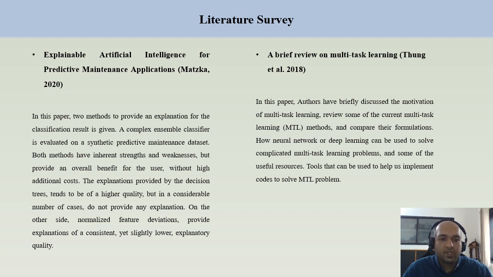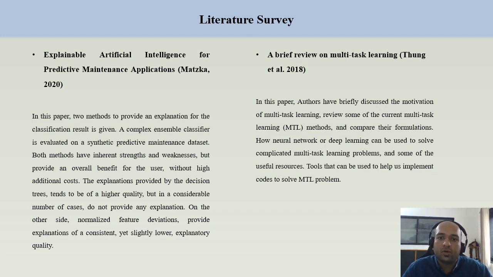Both methods have inherent strengths and weaknesses, but provide an overall benefit for the user without high additional cost. The explanations provided by the decision tree tend to be of higher quality, but in a considerable number of cases do not provide any explanations. On the other side, normalized feature deviations provide explanations of consistent yet slightly lower explanatory quality.